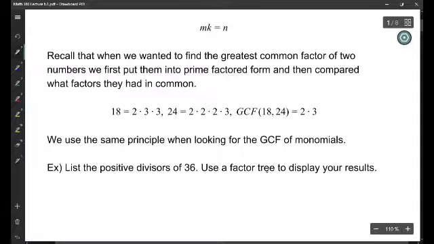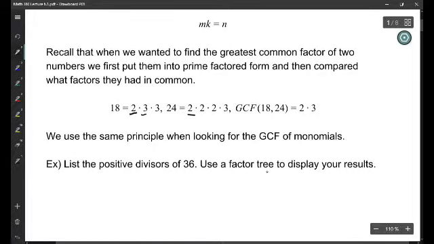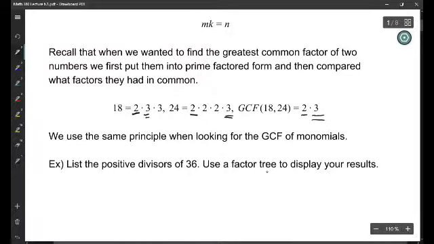So the greatest common factor of 18 and 24 is going to be whatever factors they have in common. They both have a factor of 2 in common. And they both have a factor of 3 in common. So that common factor of 2 shows up, and that common factor of 3 shows up. So the GCF of 18 and 24 is 6.